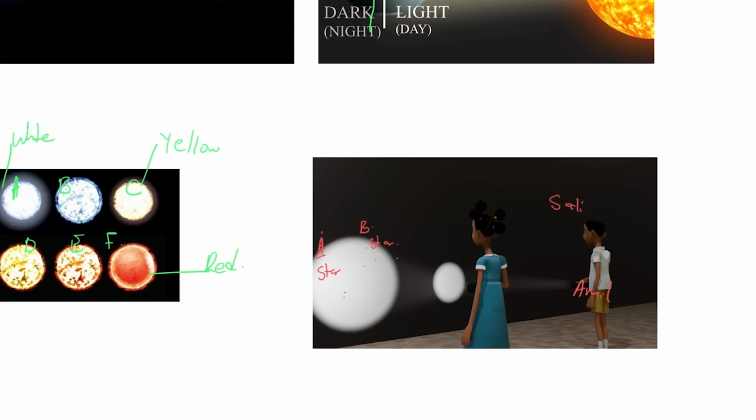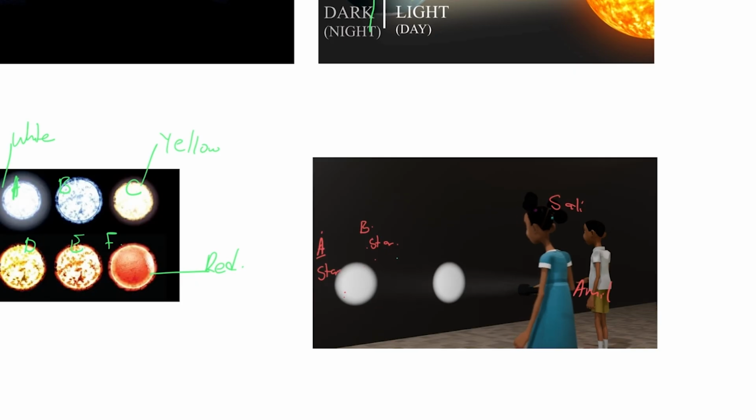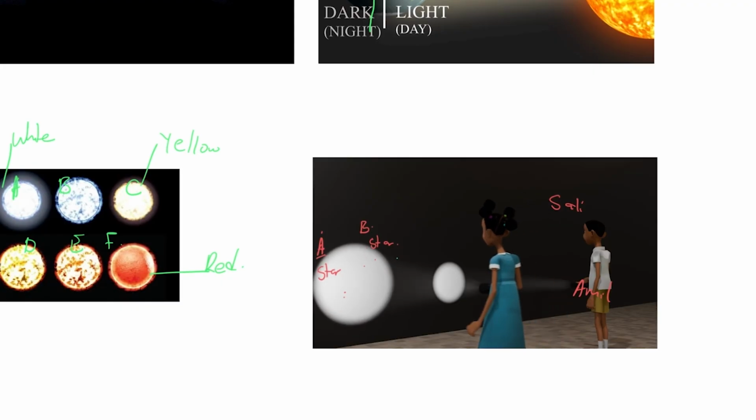Secondly, when Emil tries to move behind, you see that the brightness of her torch keeps on reducing as you move behind.